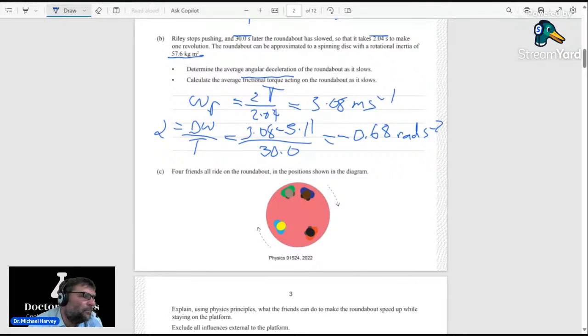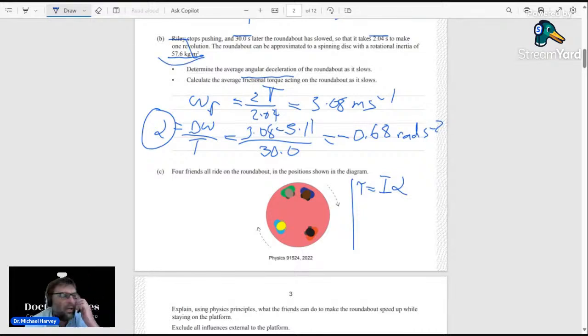Then it says calculate the average frictional torque acting on the roundabout as it slows. So we'll do it in this part here. Torque, if you look at your equation sheet, which you should have in front of you as we go through this, is I alpha, and we've just worked out alpha here. In the question, you're given the rotational inertia, 57.6.